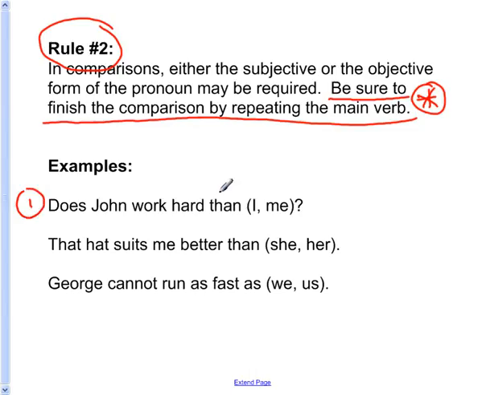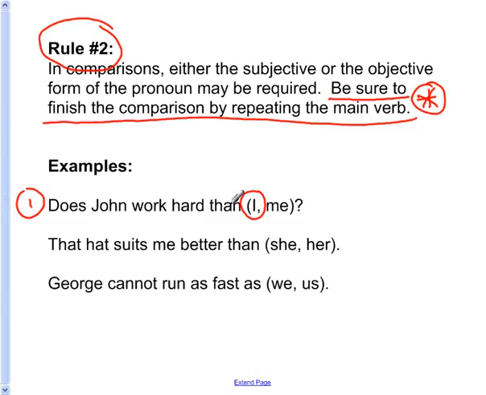Does John work harder than I, or does John work harder than me? A lot of us would say, does John work harder than me, if we were trusting our ear. But it's actually I, because if you finish the statement with the verb of the sentence, you'll see how clear it becomes that it is I.